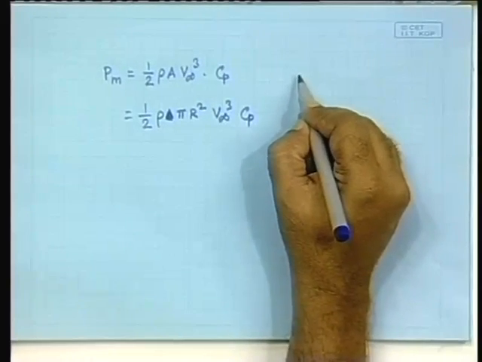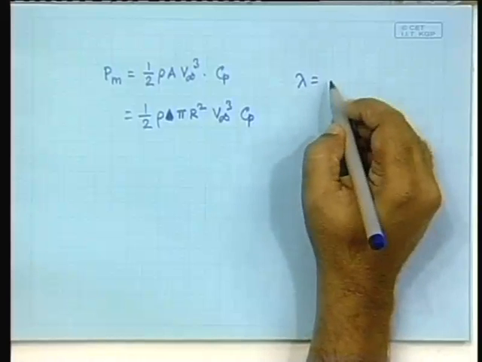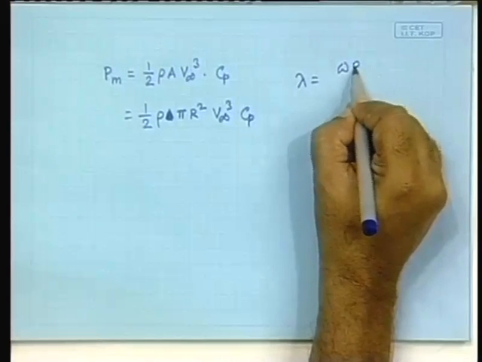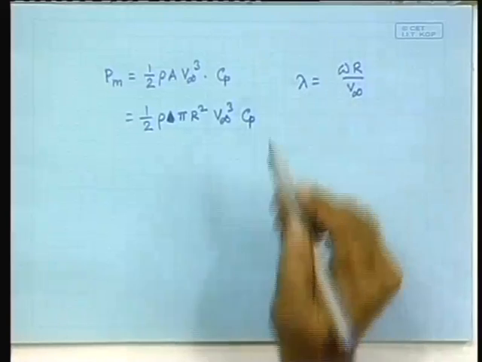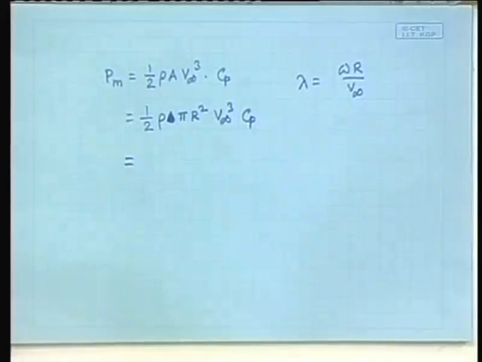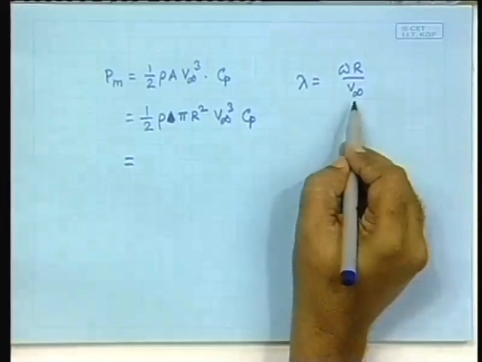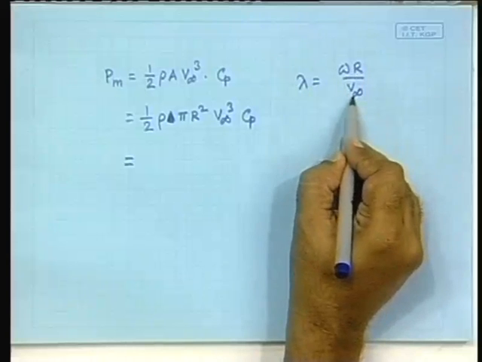In order to do that, we will substitute. We know that lambda is omega r by V infinity. So, let us substitute for V infinity here. What do you get? V infinity is omega r by lambda.